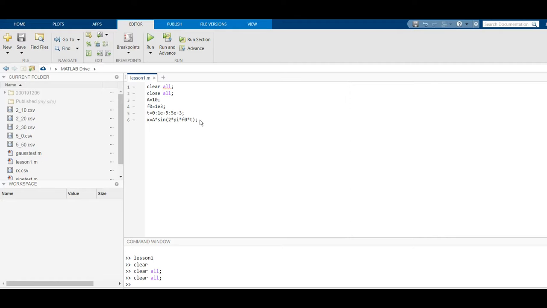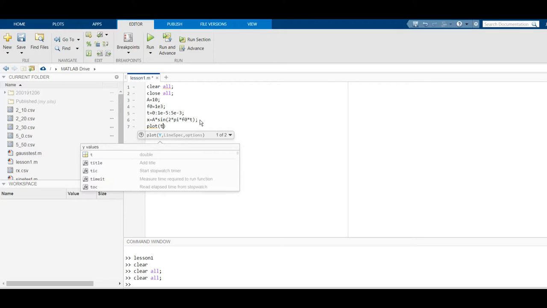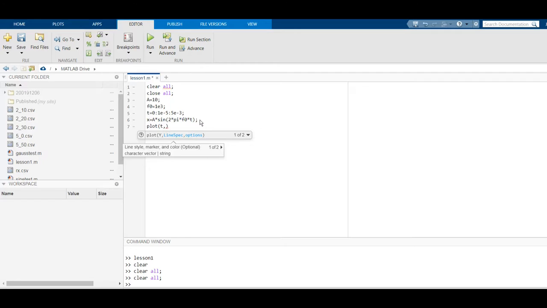And straight away, how can I plot this? The most simple way to plot it is, you should have two arguments. Plot, the x-axis is t, which is time, and the y-axis is x, and just save this and run. I am saving it as lesson 1 because this is my first lesson.